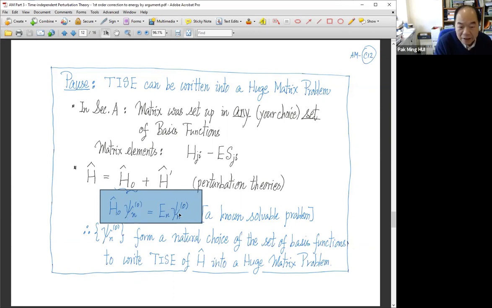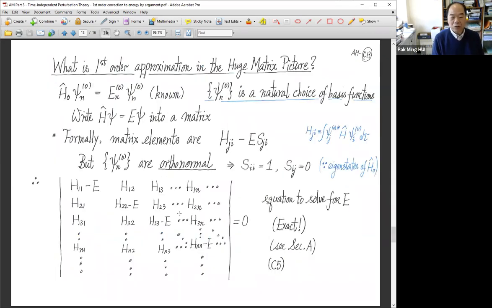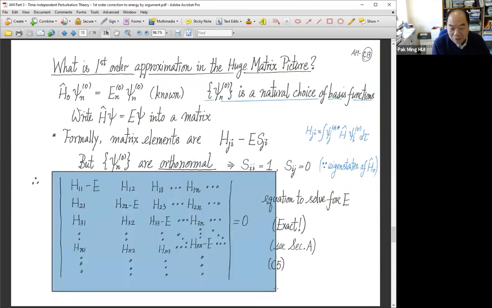Do it exactly. Okay? So if you do that exactly, I'm copying a result from last week, we will have a matrix like that. After you make this Sij equal delta ij. This is exact, no approximation. Okay?